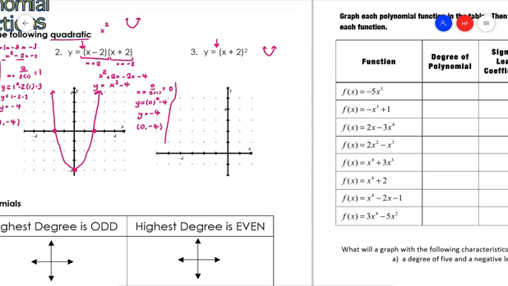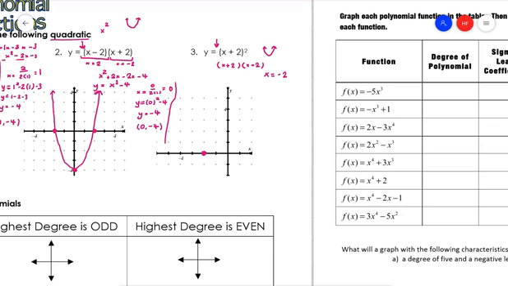We have x plus 2 squared, which is the same thing as x plus 2 times itself, which means my 0 is at x equals negative 2. But I only have one 0. If I only have one 0, then I can't cross anywhere else, which means my only option is to go up from that point, which means that is my vertex as well.